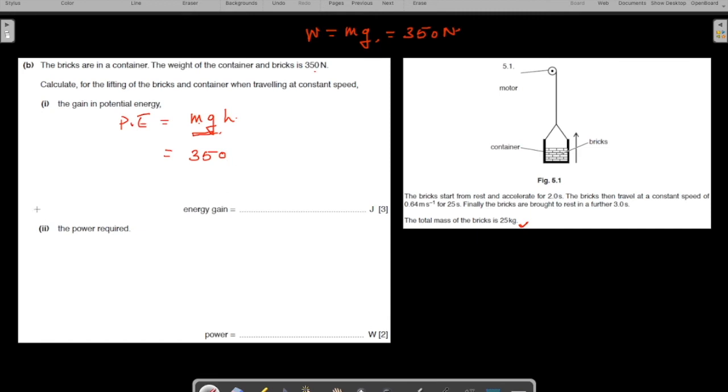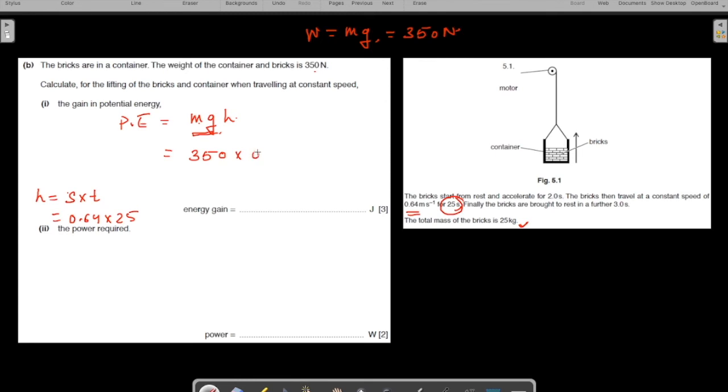And how much is the gain in the height? Height is the distance traveled, and the distance traveled is given by the velocity or the speed multiplied by time. So for how much time was it traveling at a constant speed? 25. And what was the constant speed? 0.64 times the time, which is 25. So this is your height.